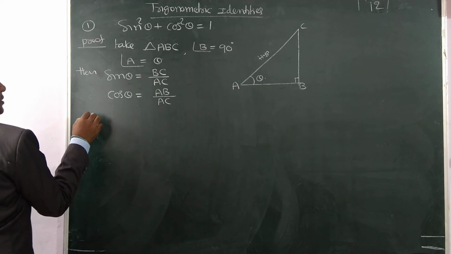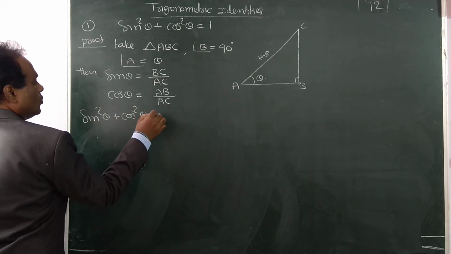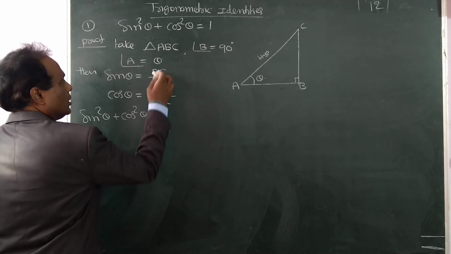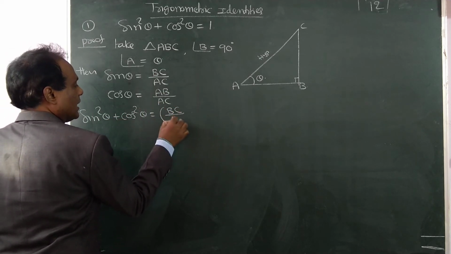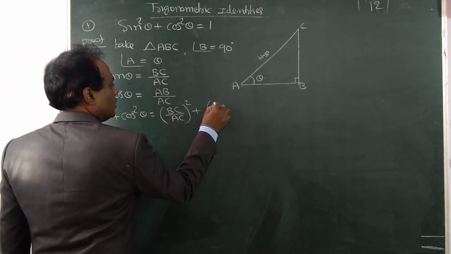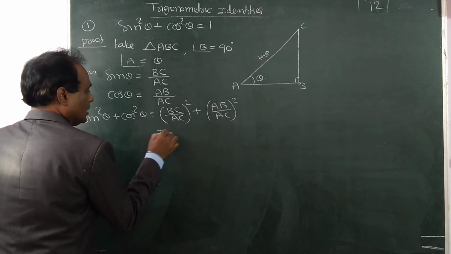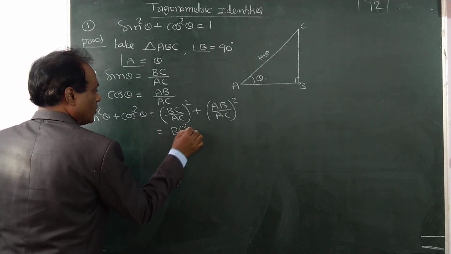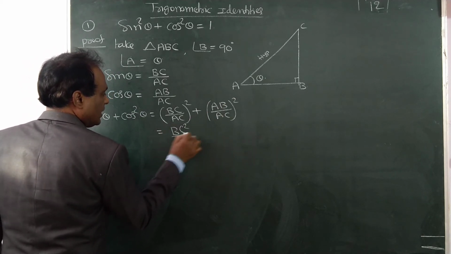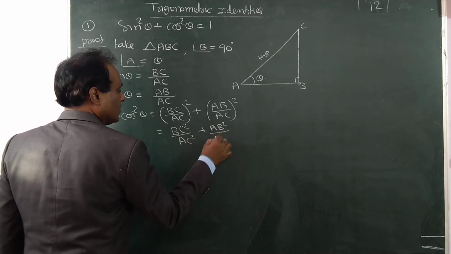Now I am finding the sin square theta plus cos square theta value. Sin theta is BC by AC, whole square, plus cos theta is AB by AC, whole square. This is BC square by AC square plus AB square by AC square.